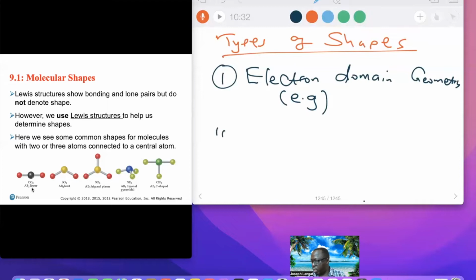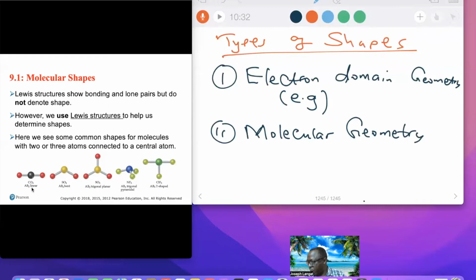And then there is the molecular geometry, which is MG. You may see this terminology in the exam that asks you to define or state the electron domain geometry and the molecular geometry.